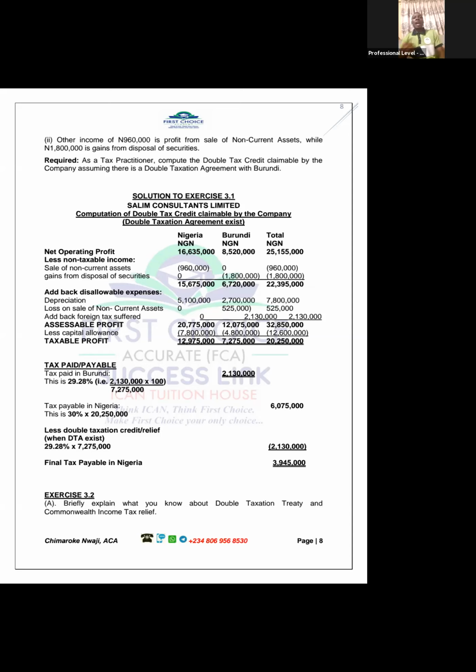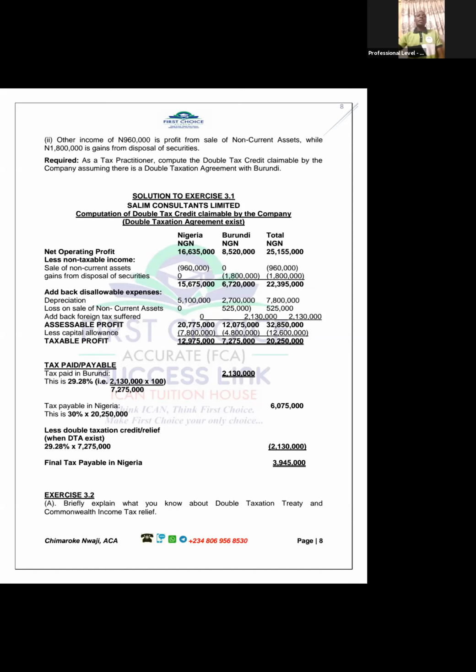We want to add it back because we want to get our taxable profits. It is from our taxable profits that we pay tax. So we want to see how much our taxable profit was before the tax was paid. That is the reason why we are adding back the tax suffered.